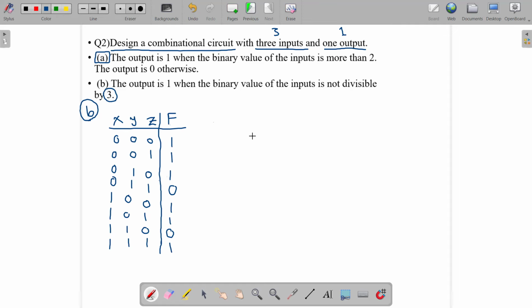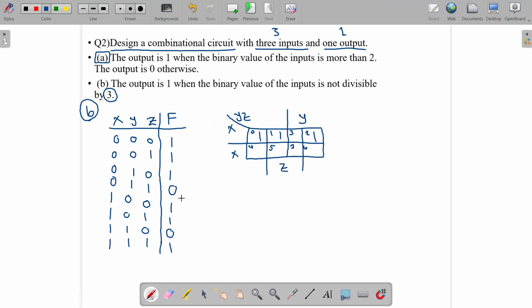Now again we draw the Karnaugh map to find the new f. Now everywhere it is equal to 1, we have to write 0, 1, 2, 4, 5, and 7. Now we have to make a group.